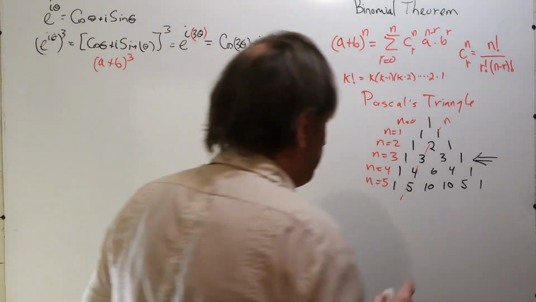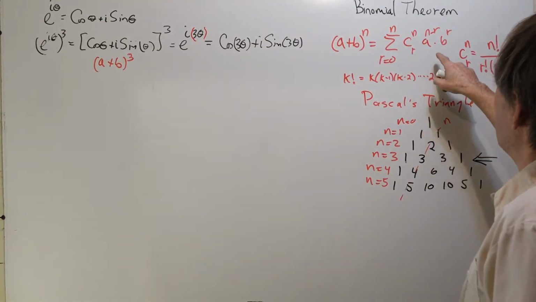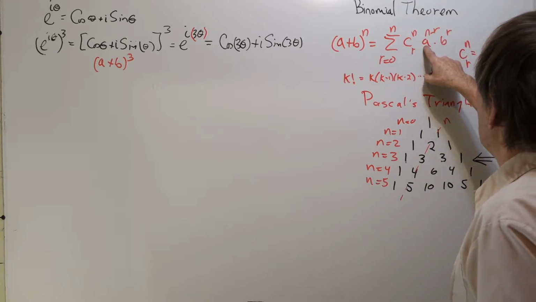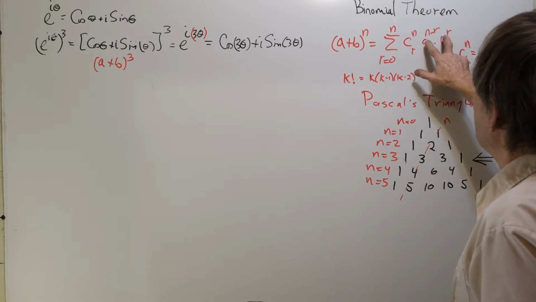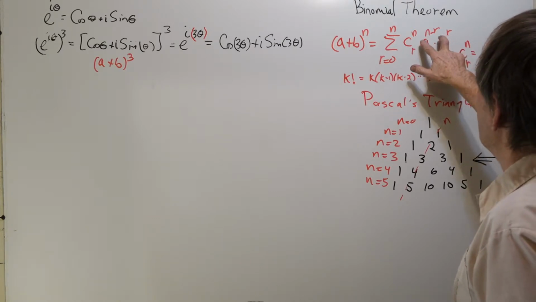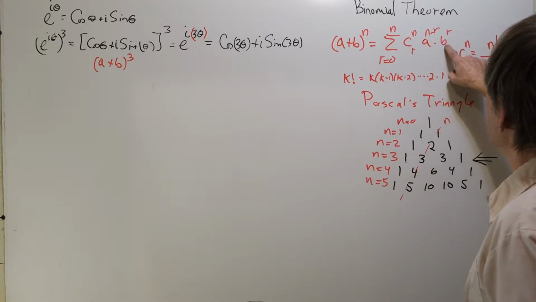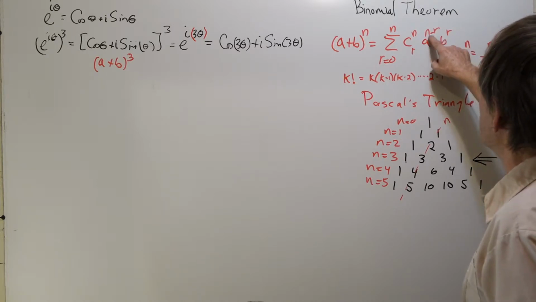Now, keep in mind here, if we look at this a little closer, we see that the powers on our a and b, for each term, always sum to n. The a is n minus r, the b is r, and n minus r plus r is n.